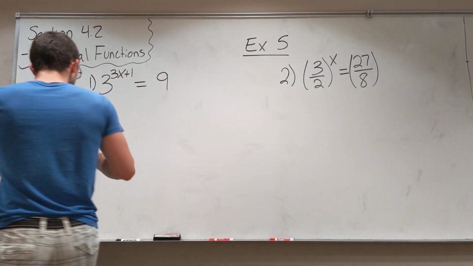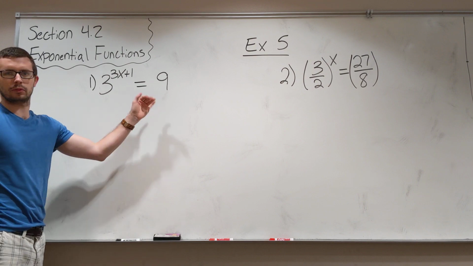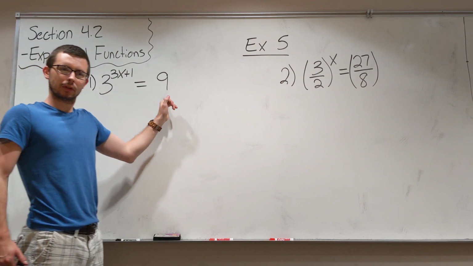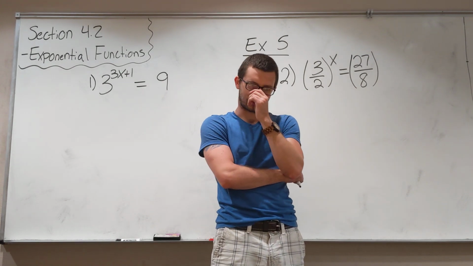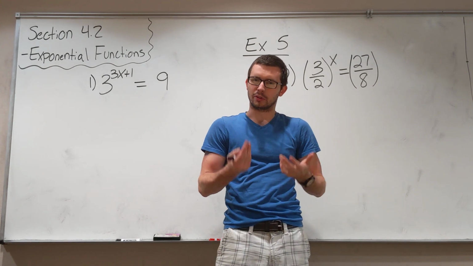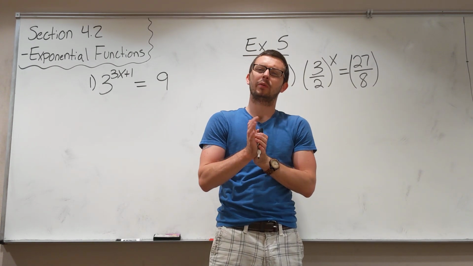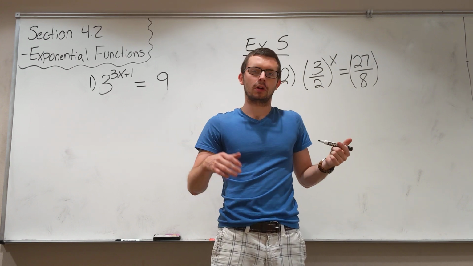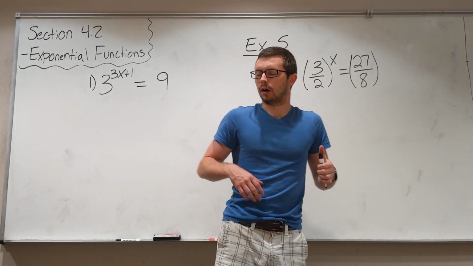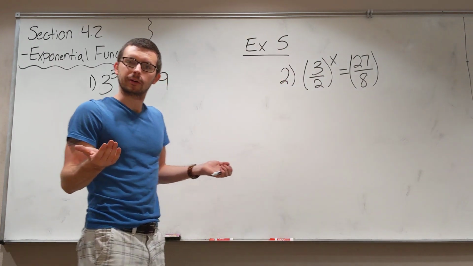Think about 9 for a second. How could you rewrite 9? This is the thought process we use when dealing with a section on exponents. Well, it turns out that 9 is 3 squared.